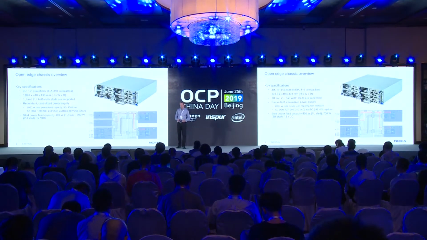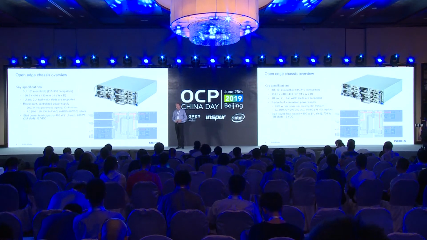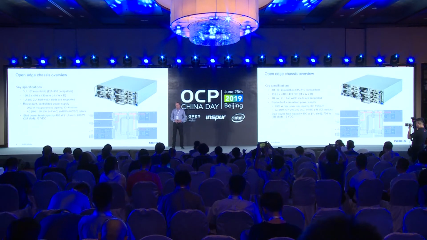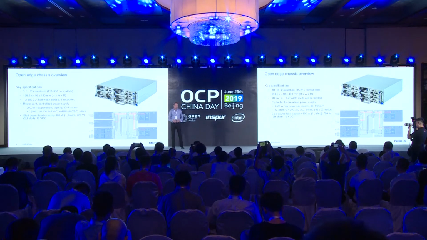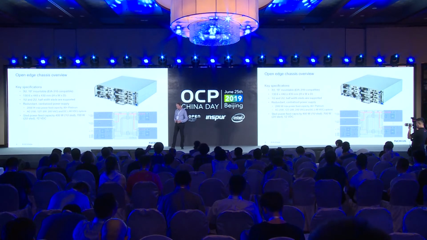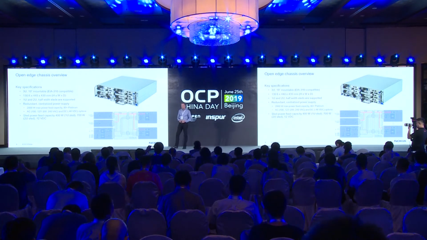Okay, I have some more details about the hardware. There's maybe some repetition here, but I can try to focus on the parts I didn't mention yet. So, here you see the block diagram of the chassis.